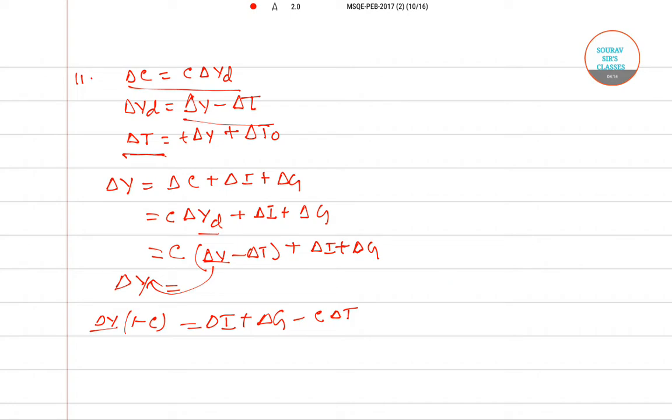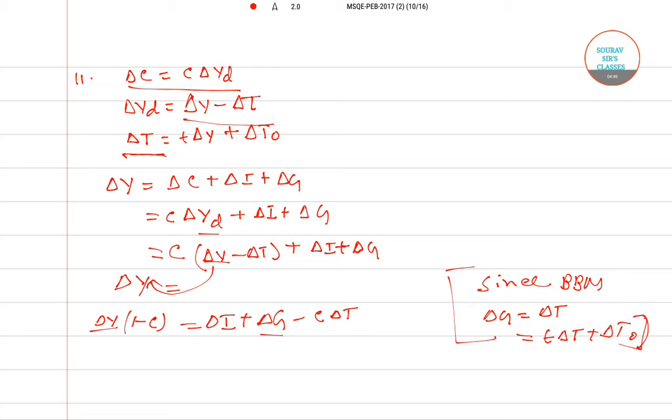Now in the balanced budget multiplier, change in g equals change in t, so we can write t change in y plus change in t naught. Instead of change in g, we can write this.